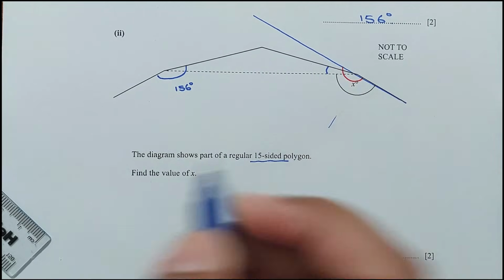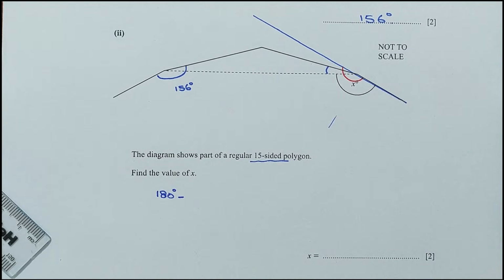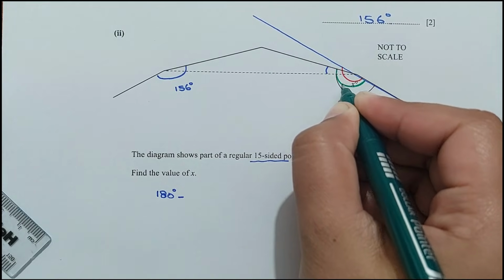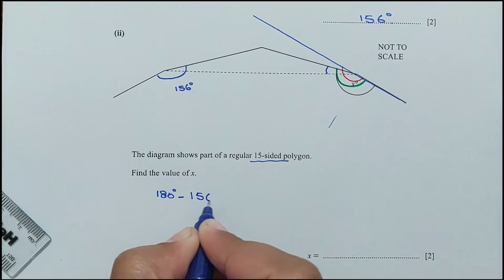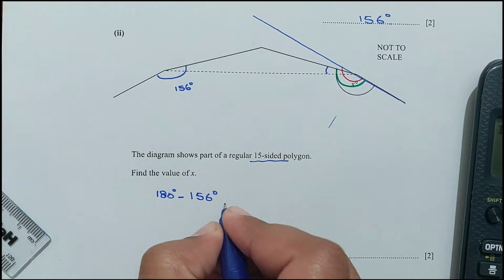This red one is 180. From 180 degrees we subtract this green one, 156, right? So 180 minus 156 is 24 degrees.